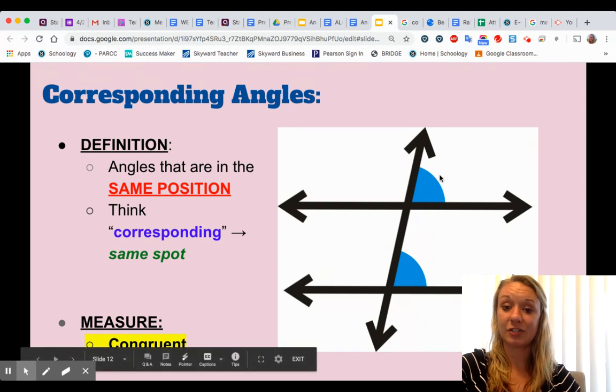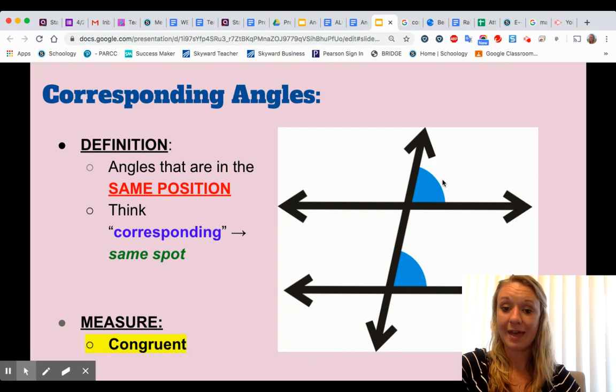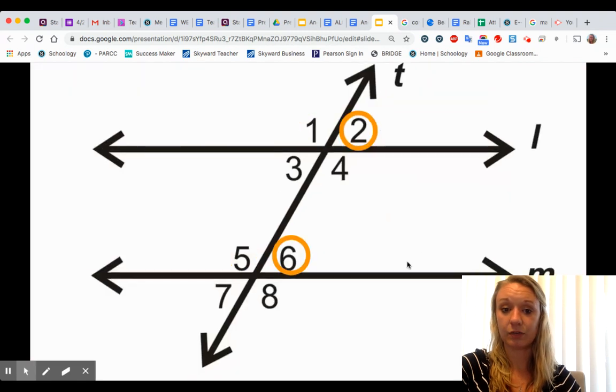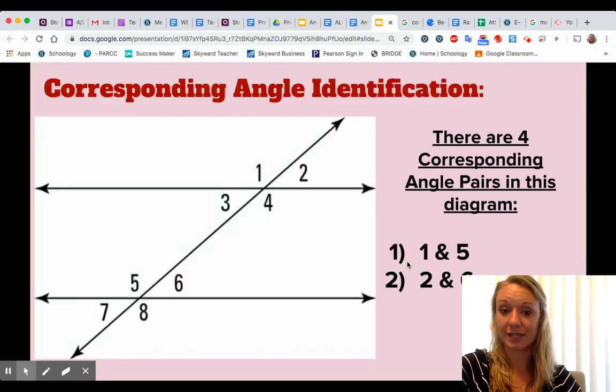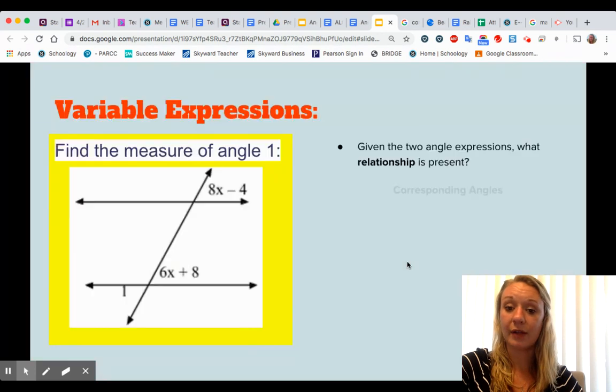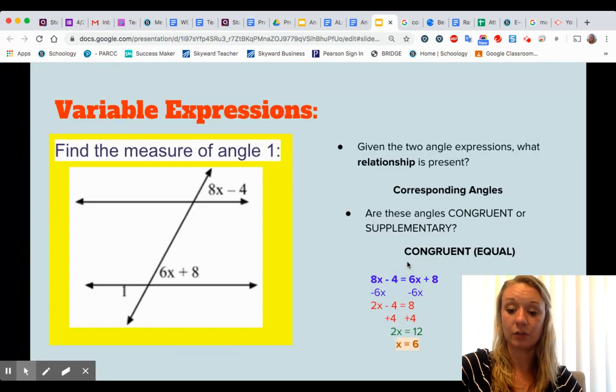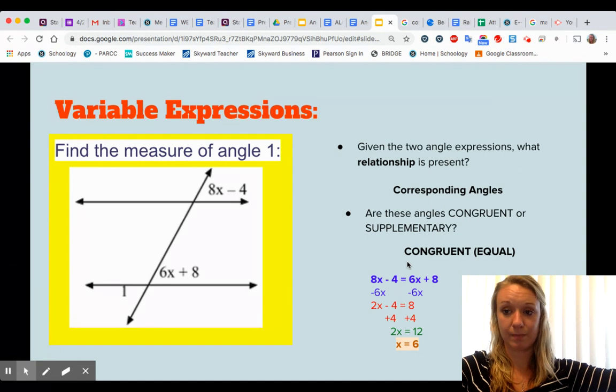Corresponding means same position. So think about your transversal broken up into your top 4 and your bottom 4. If you've got something in the top right here, it's going to be congruent to this top right down here. They're corresponding, they're congruent, and they look just like that. So we can use our knowledge of this to help us solve equations and to identify missing angle measures.